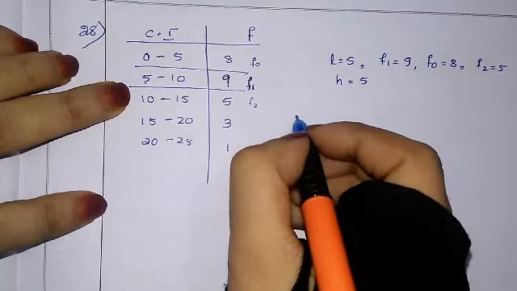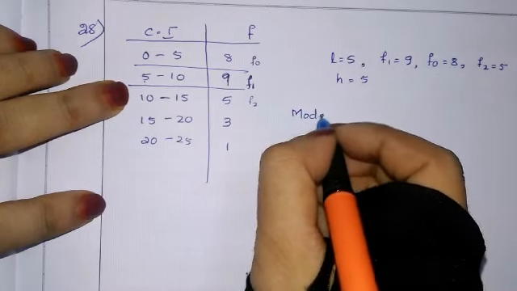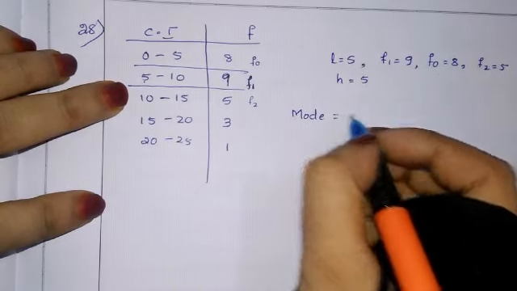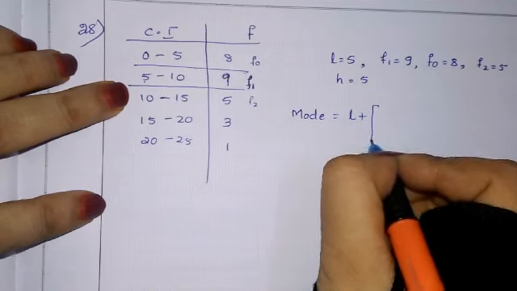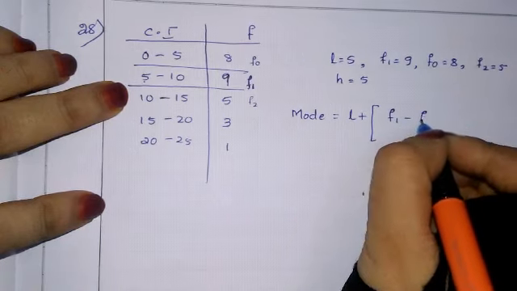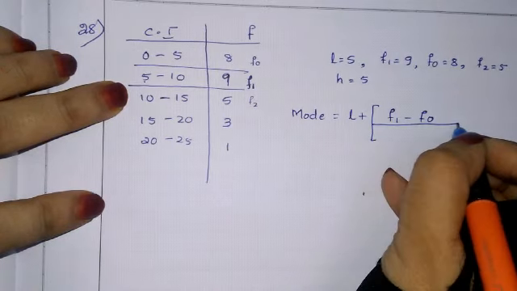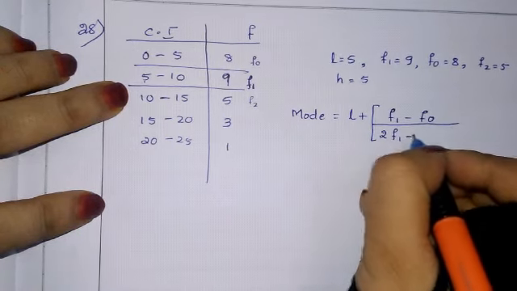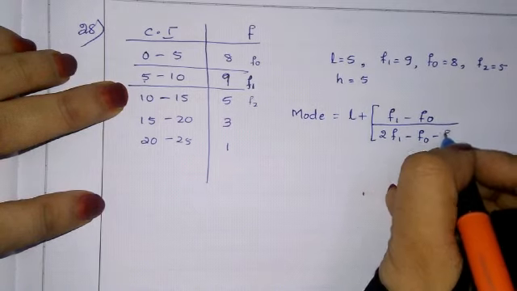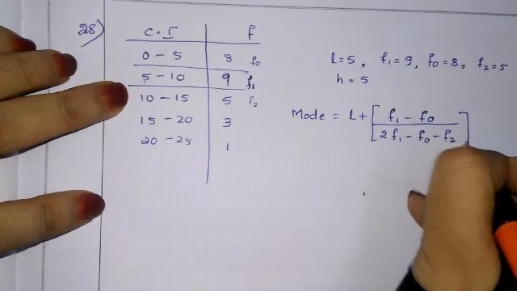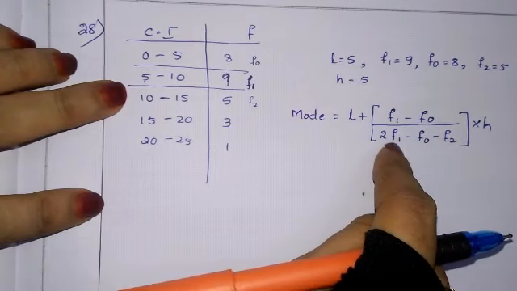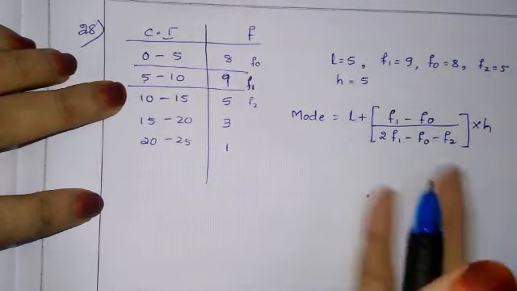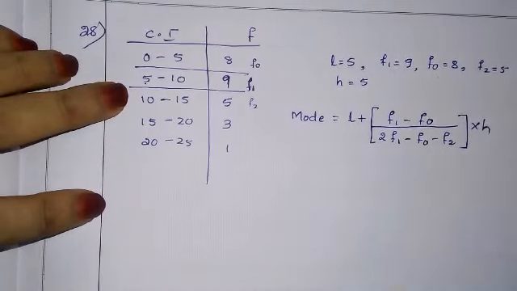Let us solve now using the mode formula. Mode is equal to L plus (F1 minus F0) upon (2F1 minus F0 minus F2), into H. For all mode problems we are using the same formula, so the steps are also the same.